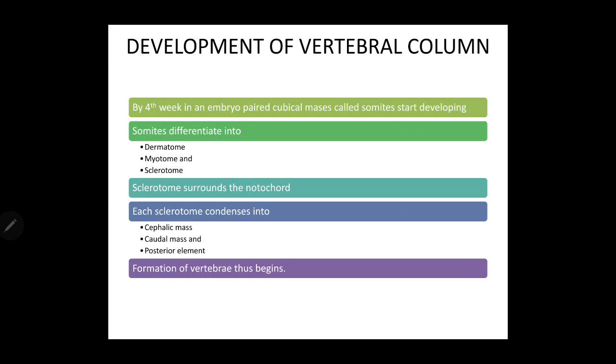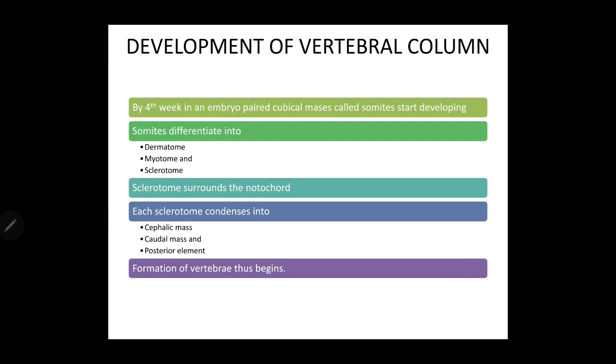In the 4th week in the central midline of the embryo we have the notochord, a midline straight cord-like structure, and somites develop from it. These somites further differentiate into dermatome, myotome and sclerotome.